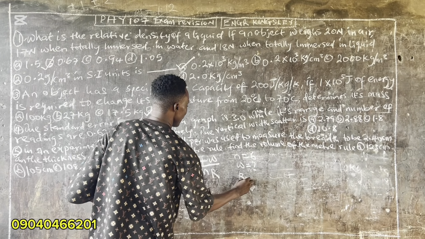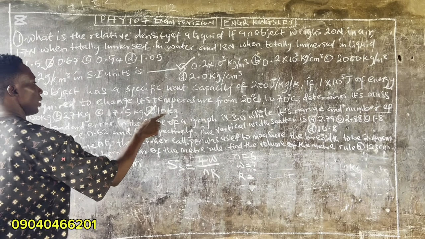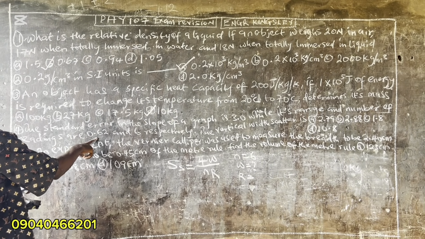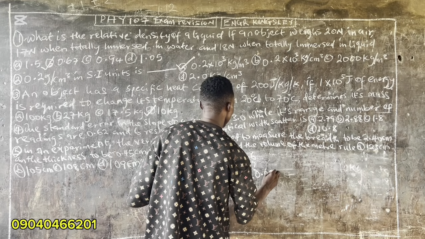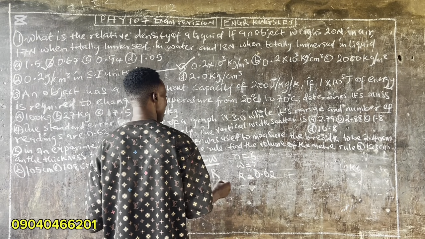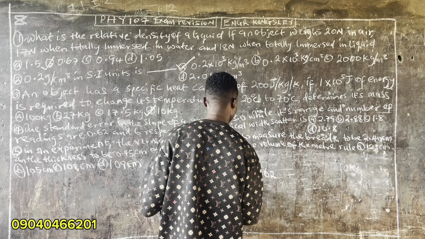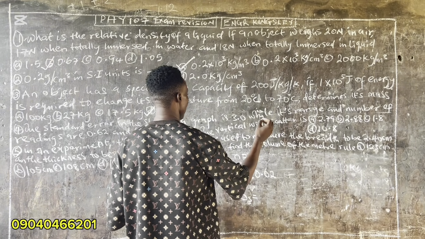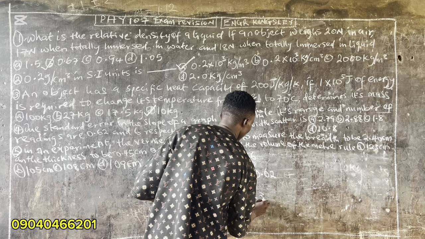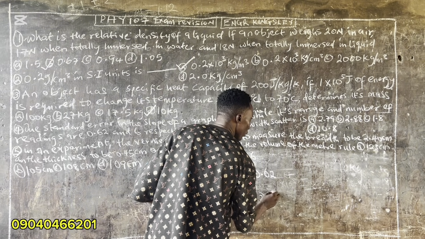The range is 0.62. The standard error in slope is given to us as 3.0.